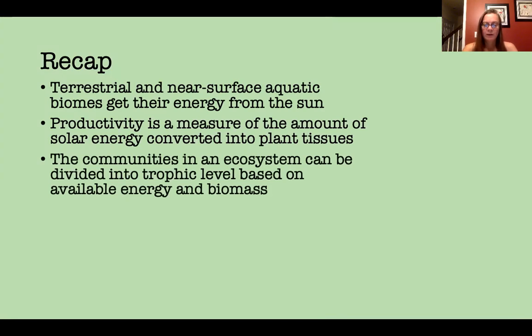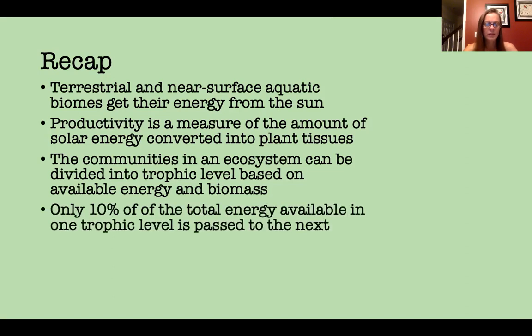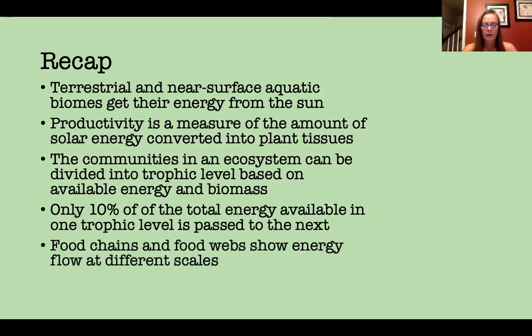We can divide our communities into trophic levels based on the energy available and the biomass and feeding patterns. Only 10% of the total energy available in one trophic level is passed to the next. And then we show that energy flow with food chains and food webs, always drawing the arrows in the direction of the energy flow.